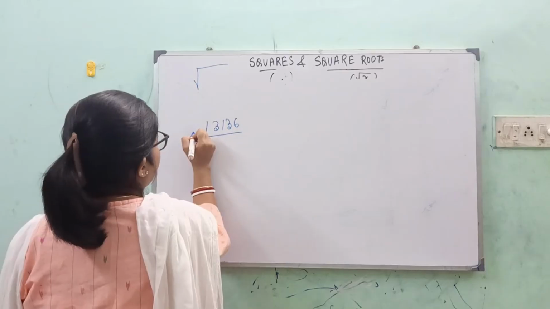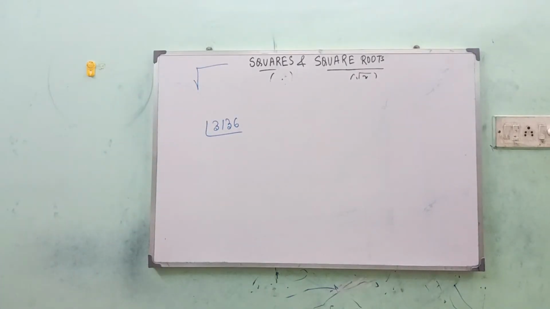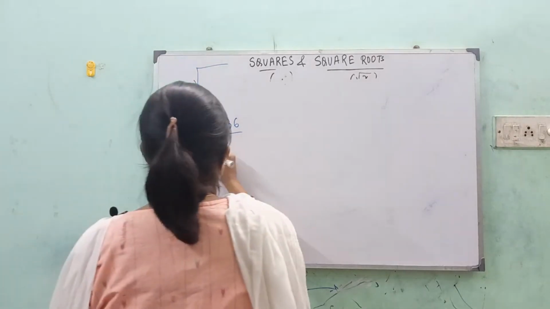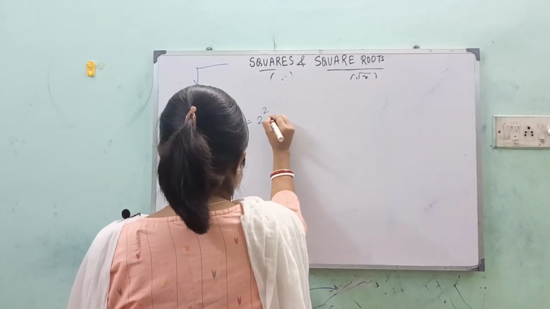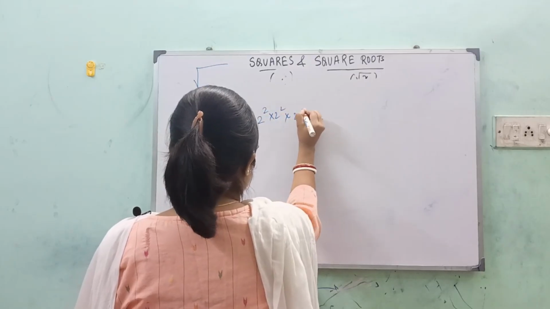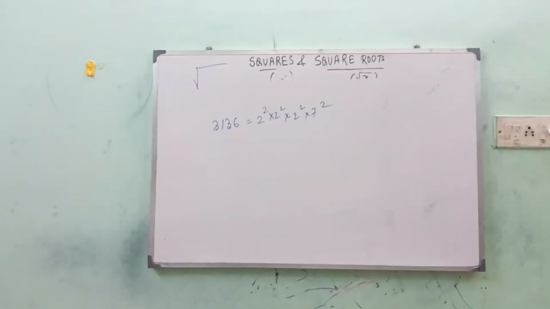First find out the prime factorization. In the previous sum we had done the prime factorization of 3136, which was 2 square, 2 square, 2 square and 7 square.